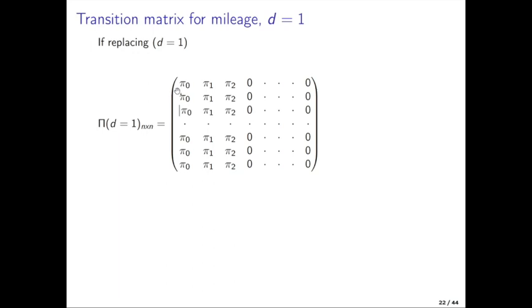So here you would only have the probability that you drive so little that you stay in the first interval, and this is as much driving as lets you move up to the next interval, but starting from the first one, because you just replaced the engine with a brand new engine. So this is why it looks like this.